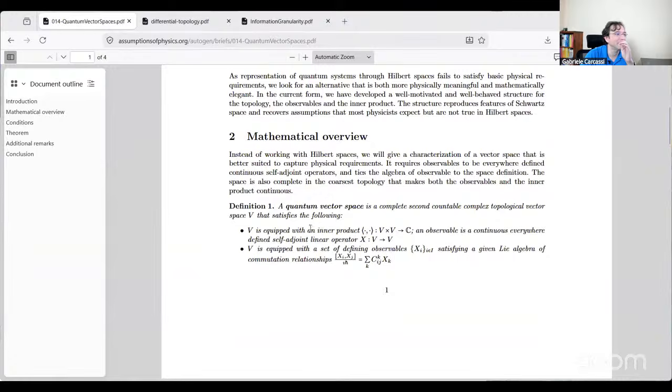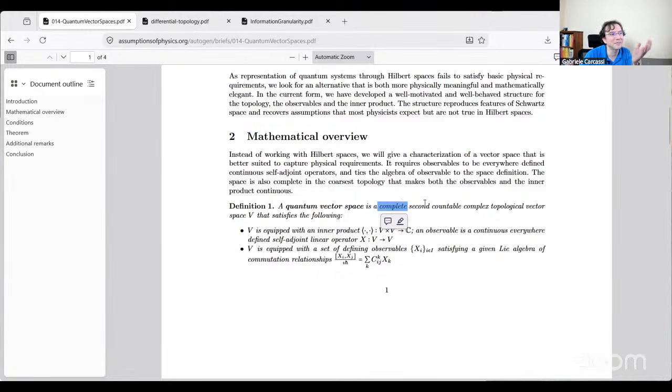And the way that you fix them is that you have a vector space, which is a complete second countable complex topological vector space. And we need a complex vector space because otherwise you can't do quantum mechanics. It needs to be topological because I need to know what the limits are. It needs to be second countable because if it's not second countable, I can't physically explore that space because I would need effectively more than countably many experiments to know what the state is, which I can't do.